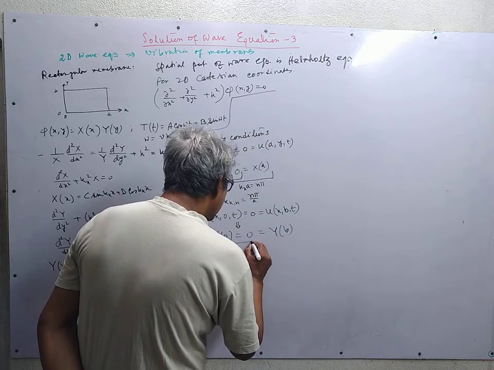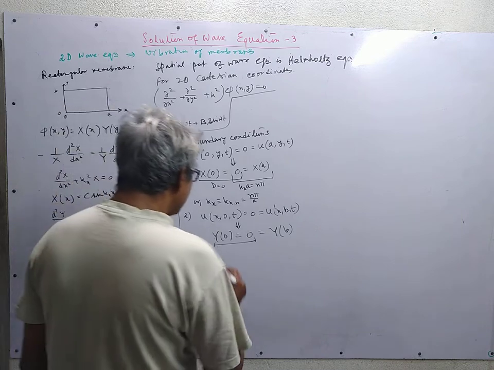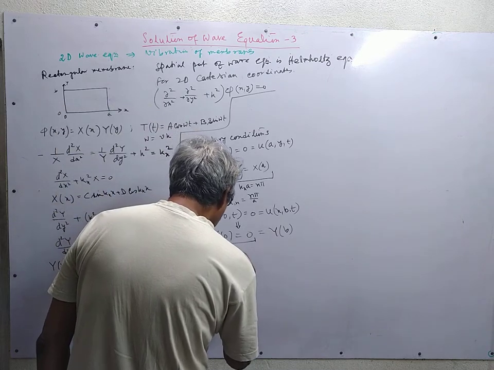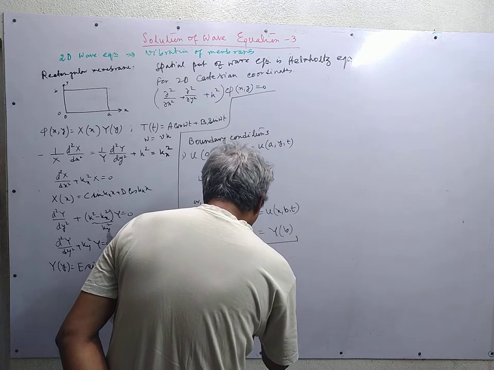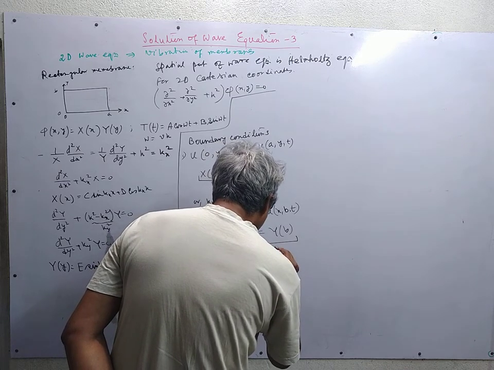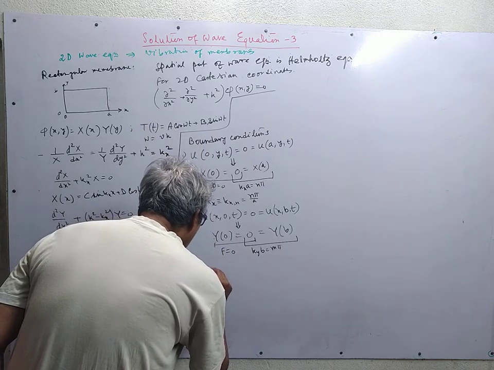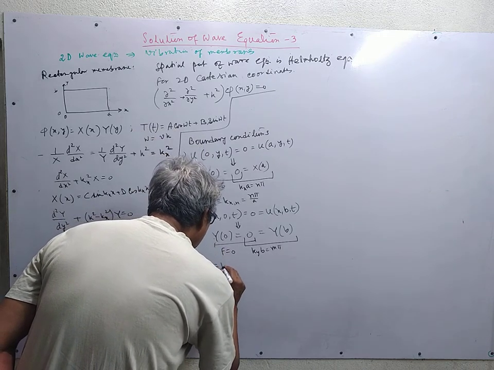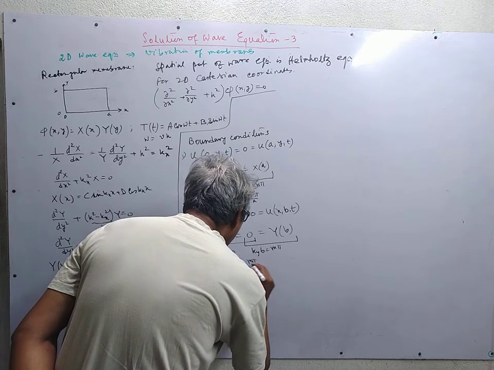This part gives F is equal to 0, and this part gives ky b is equal to m pi. So ky is now quantized: kym is equal to m pi by b.